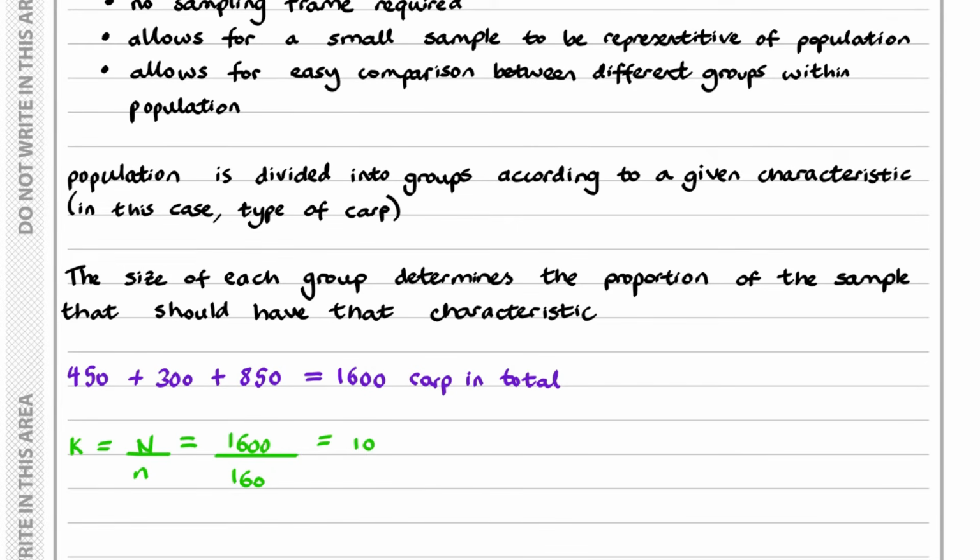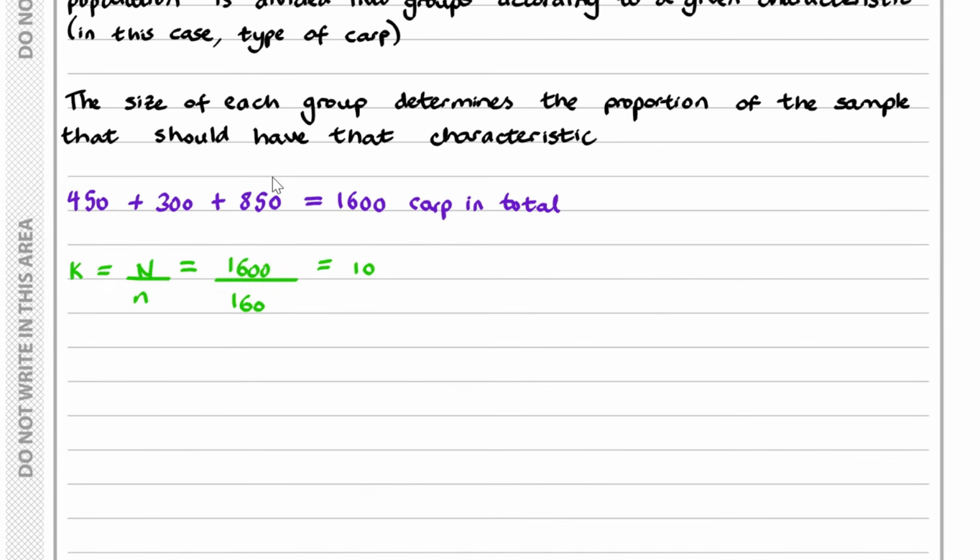And therefore, if we think about our mirror fish, for the mirror we've got 450 over this 10, which is 45. For leather, we have the 300 over the 10, which is 30.